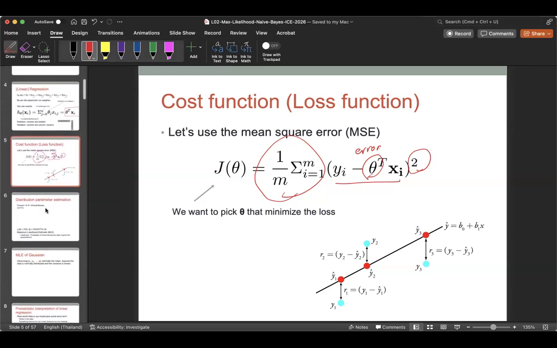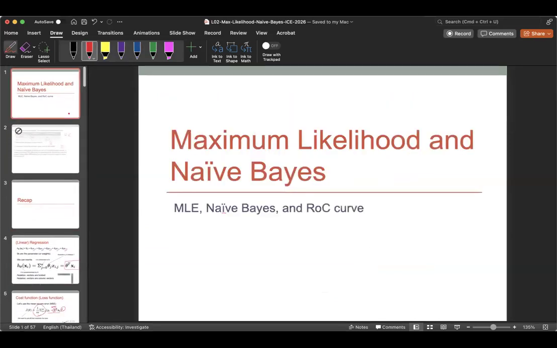Now, this setup is motivated by mean square error. In this class, we're going to talk about maximum likelihood and naive Bayes, which is more about a probabilistic view of machine learning.